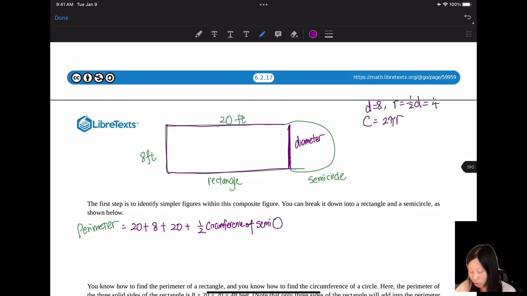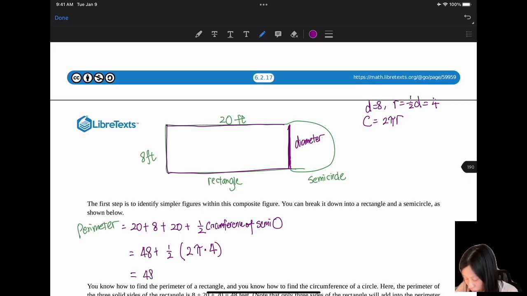So we will have the circumference equal to half of 2 times pi times r, where r is 4. Whatever is inside the parentheses is the circumference of a circle, and we will only take half of it because this is a semicircle.